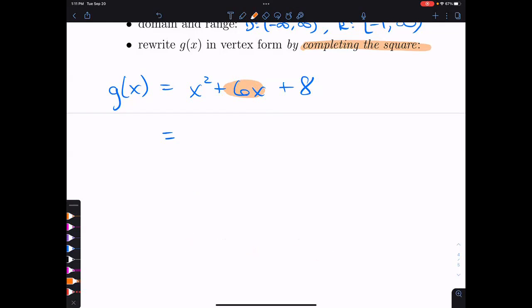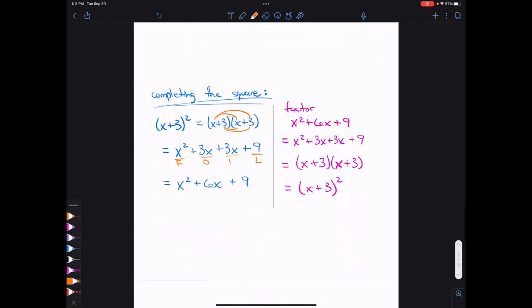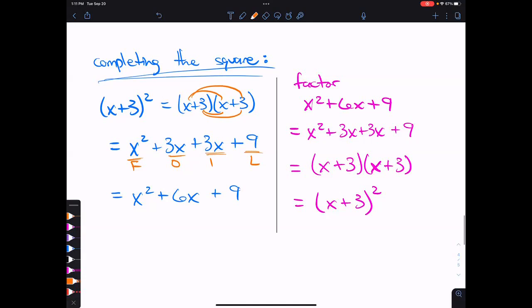If the factors are going to be the same, what has to happen with that middle term? Maybe look at this where we were actually factoring a perfect square. What do you notice about that middle term and where it comes from? They add together to give you 6, but it's not just anything that adds together to give you 6. It's 3 and 3, right? They're the same. These have to be the same to make these the same, to make this a perfect square.